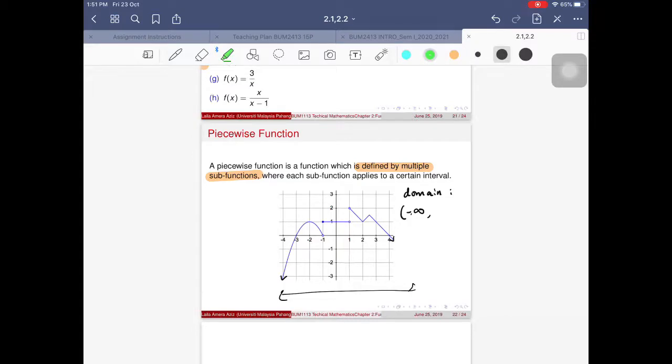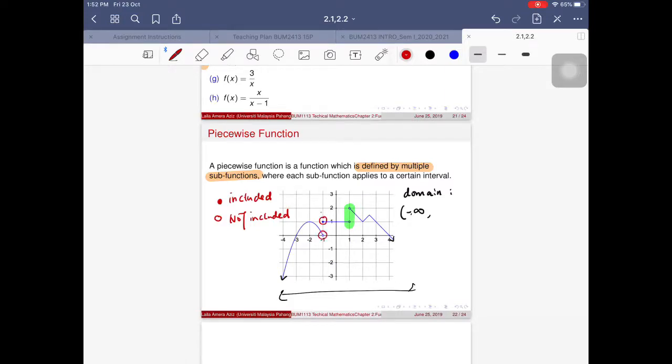However, I would like to highlight the fact that there are holes here. So where are the holes? It would be here. Remember that when you use a full circle, that number is included. But if you have an empty circle like this, whatever number goes there is not included.